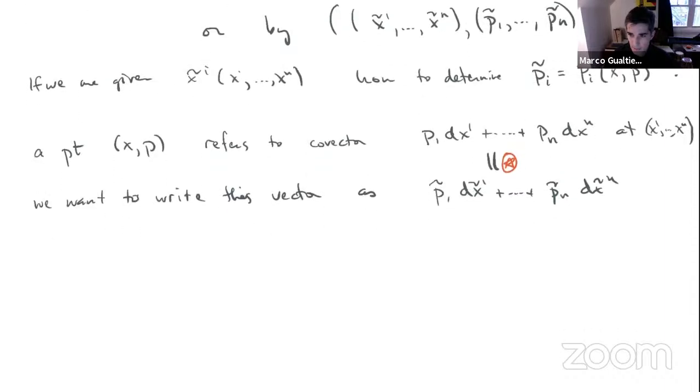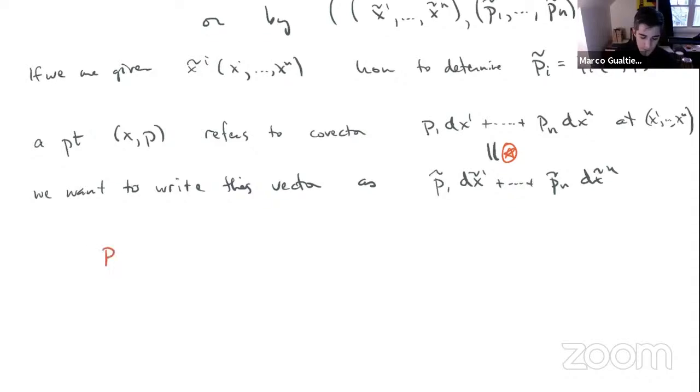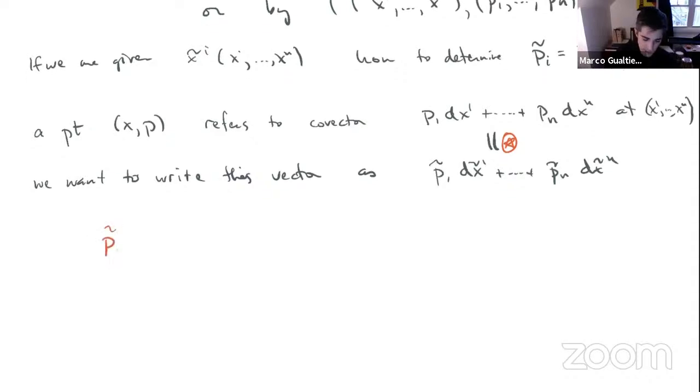So you could write it like this. If we write p tilde I dx tilde I, this is supposed to be equal to the sum of pk dxk, right?